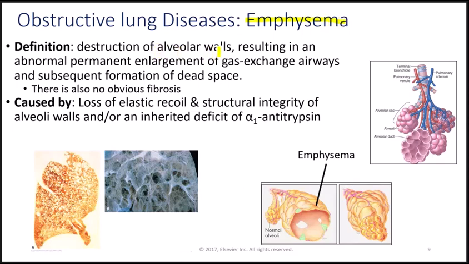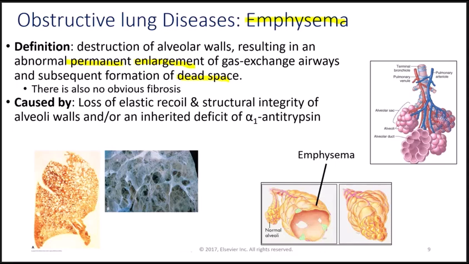Emphysema involves destruction of the alveolar walls, resulting in this abnormal permanent enlargement of gas exchange airways. And so it leads to the formation of what's called dead space. And so dead space is going to represent the volume of, we could say, ventilated air that is not going to be participating in gas exchange.